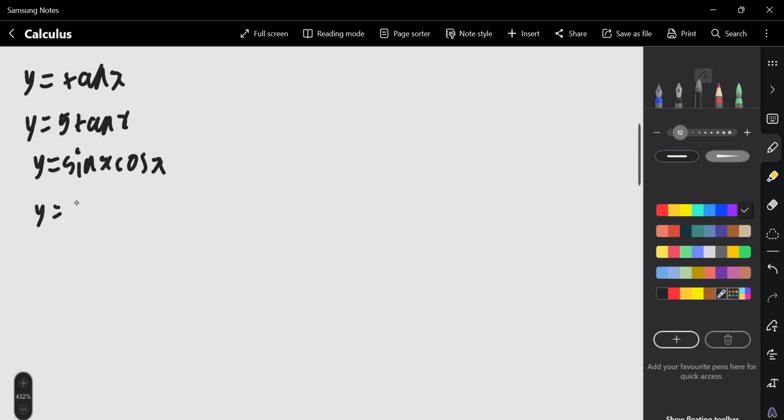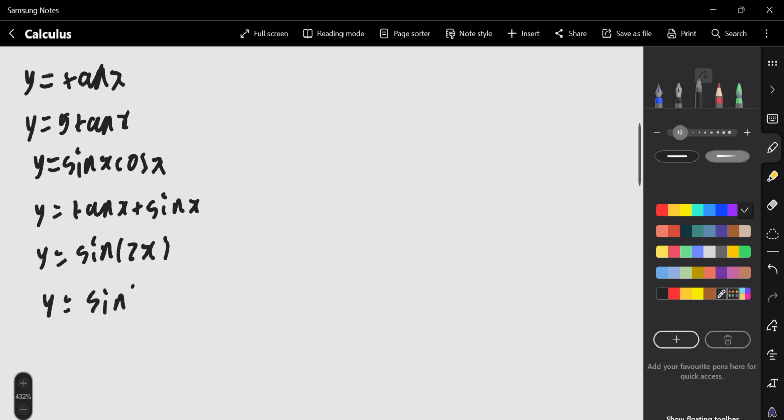Let's go y equals tan x plus sine x. Let's go y equals sine 2x. Did we do that already? I think we did. y equals sine squared x. And let's go y equals cos cubed x. One more. Let's do y equals cos of the square root of x. Differentiate all of these. I shall be back.